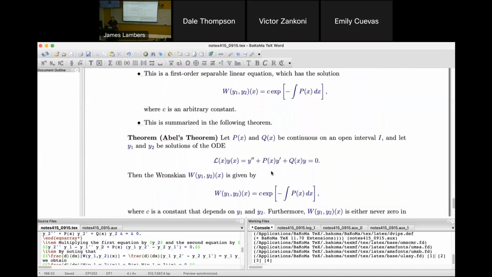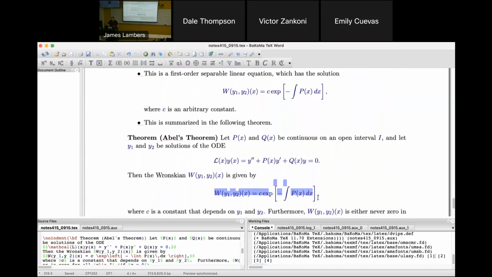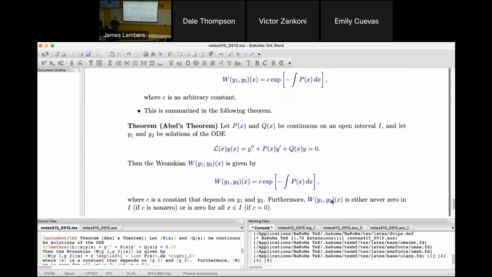That if you have this ODE where coefficients p and q of x are continuous on some interval, for whatever solutions y1 and y2, the Wronskian is of this form, a constant times this exponential.